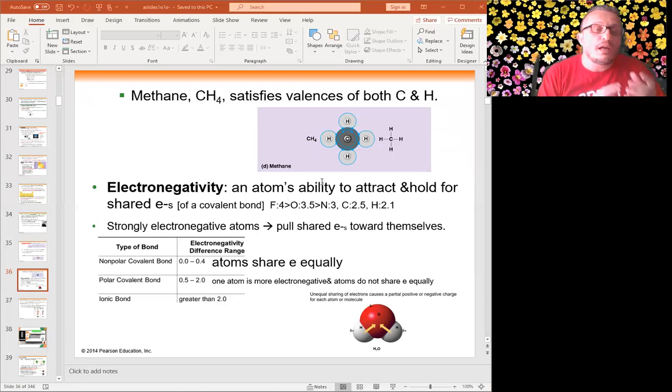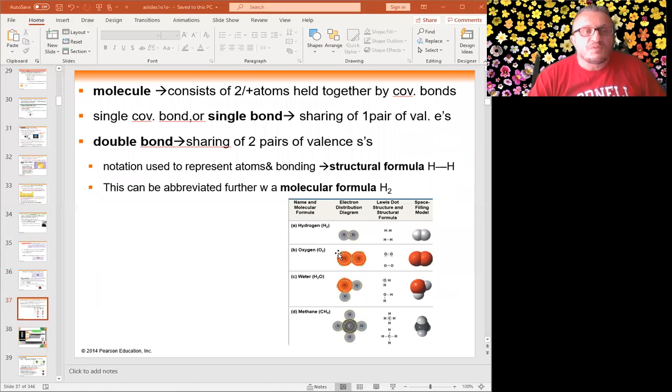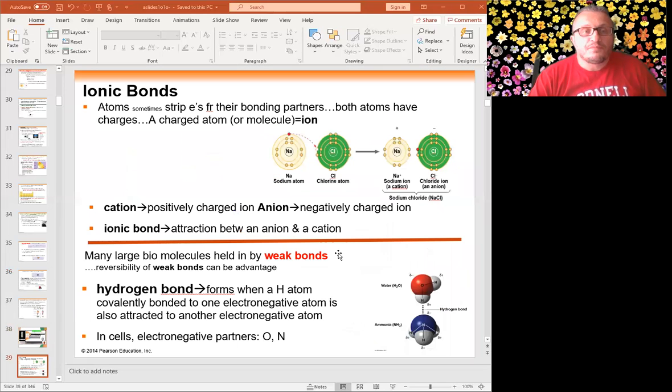So strongly electronegative atoms pull shared electrons towards themselves more. Okay. In nonpolar covalent bonds, atoms share electrons equally. There are also single bonds, double bonds, and triple bonds, depending on the molecule.